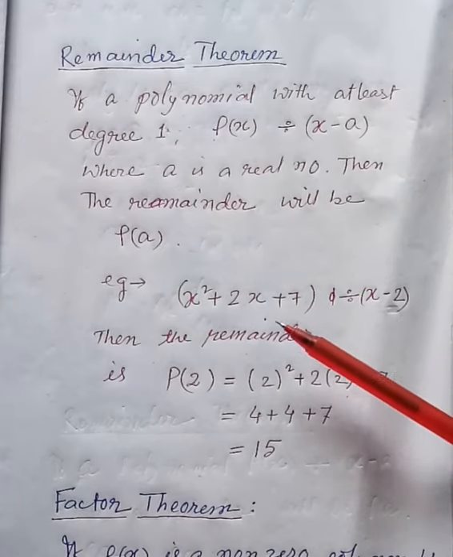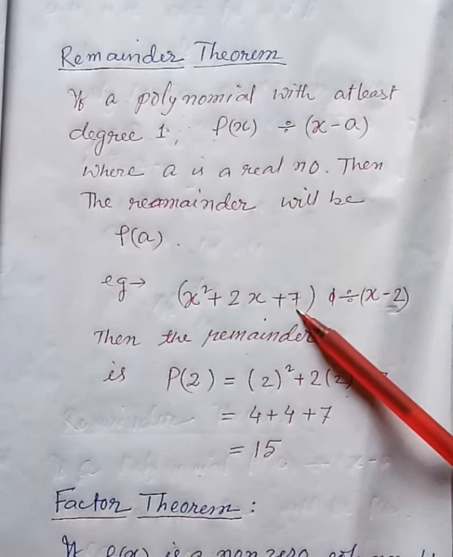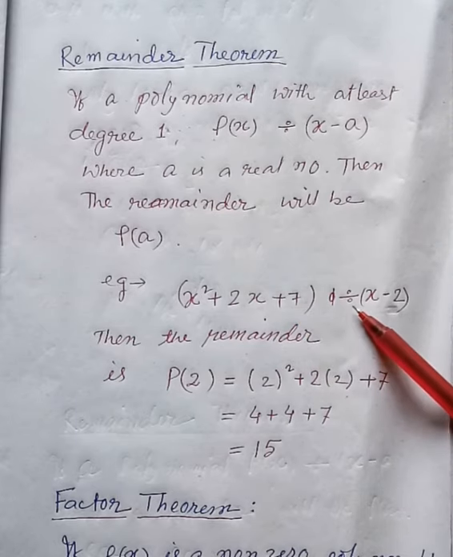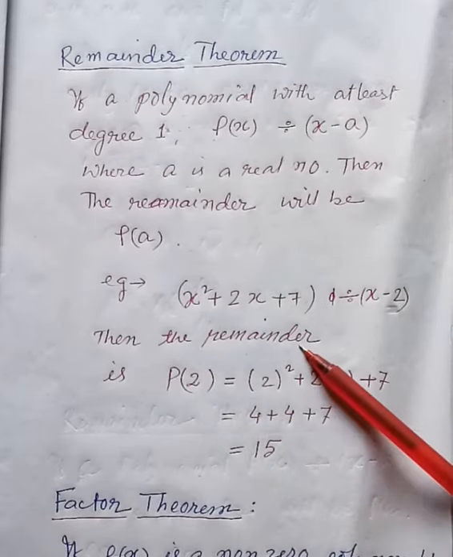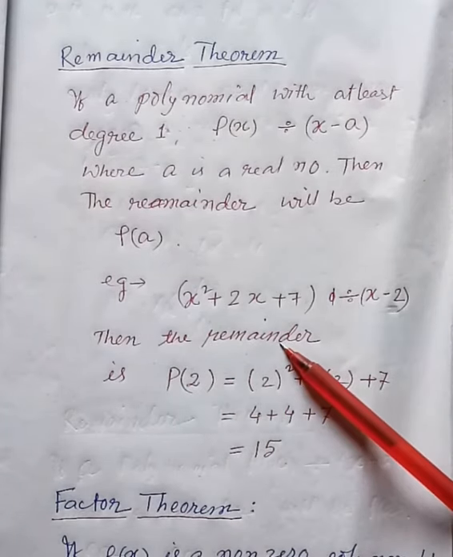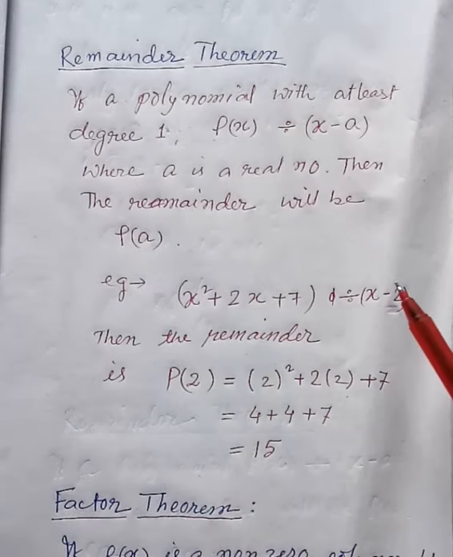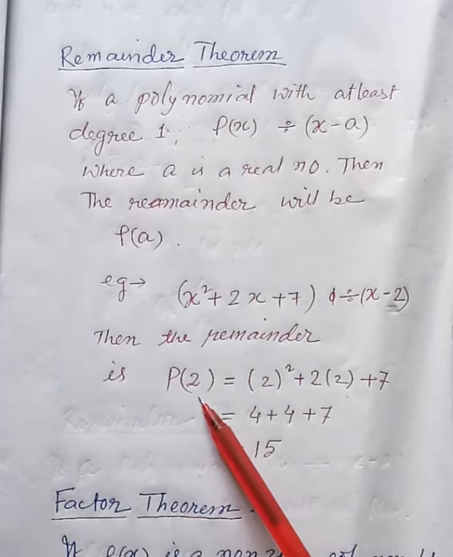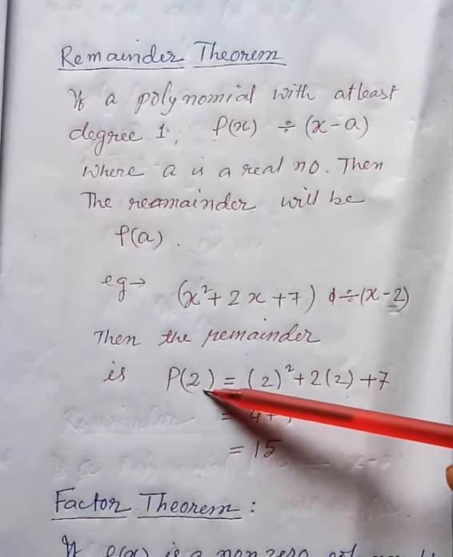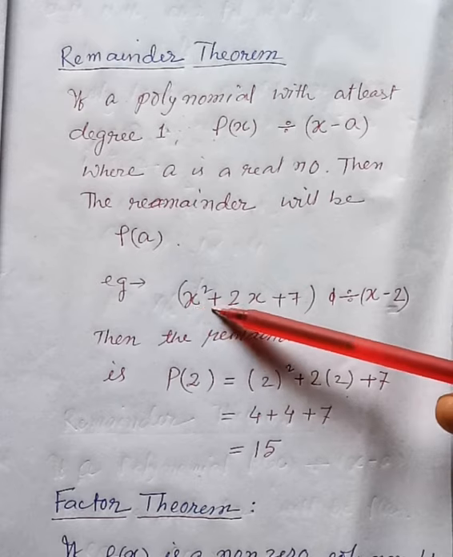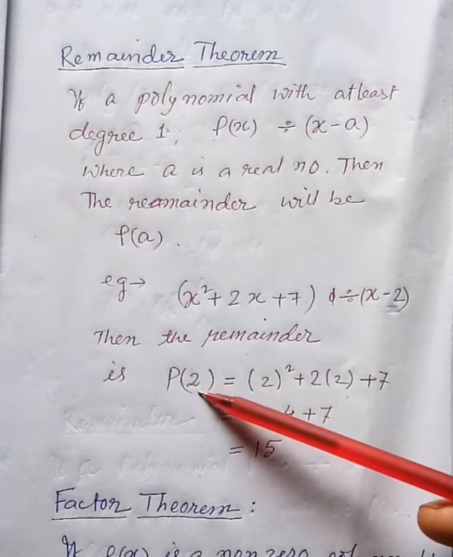You will understand with the help of an example. Suppose this is the polynomial p(x) with variable x, and it is divided by the binomial x minus 2. Then we can get the remainder without dividing, very easily. The remainder is p(2), which means in this polynomial, in place of x you just replace 2.